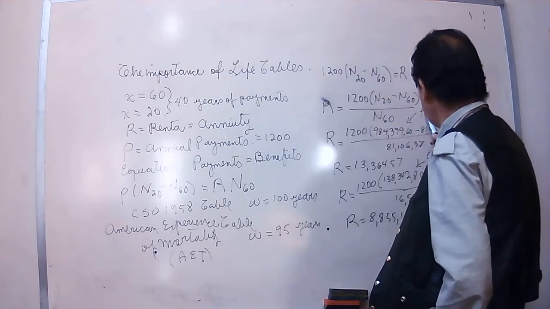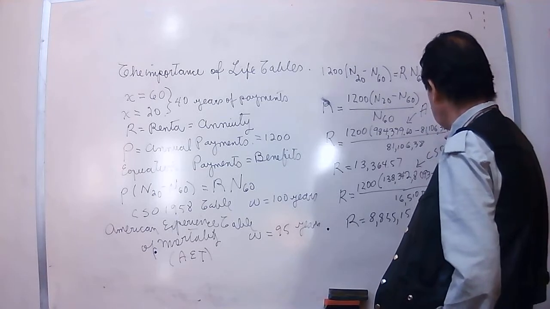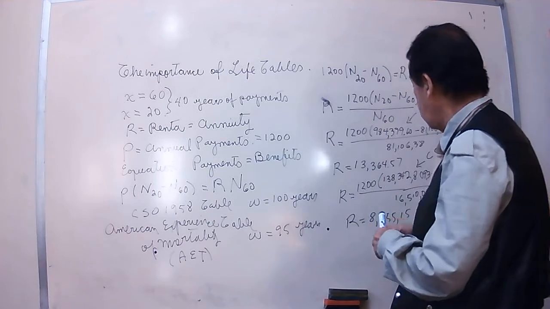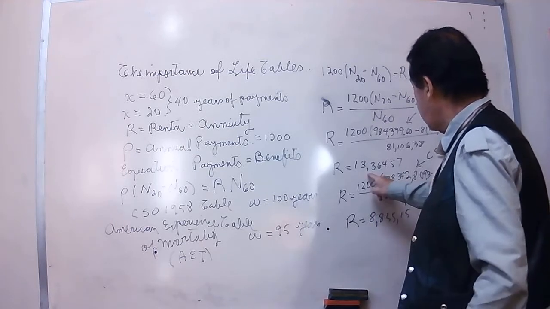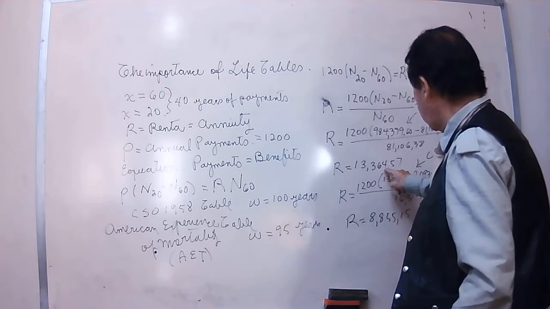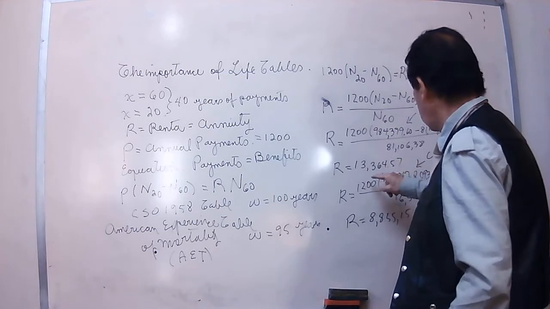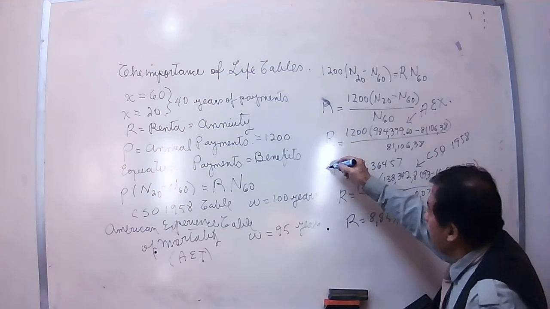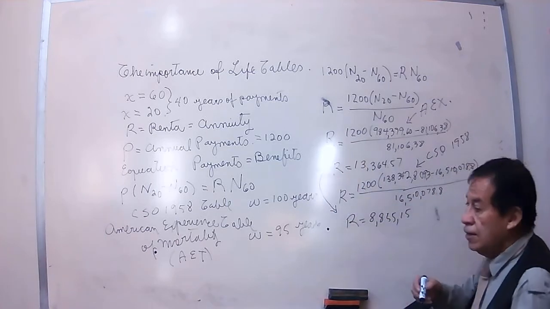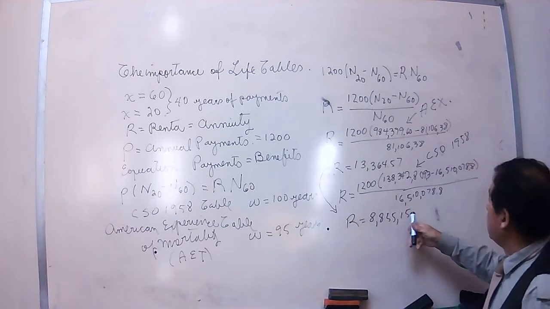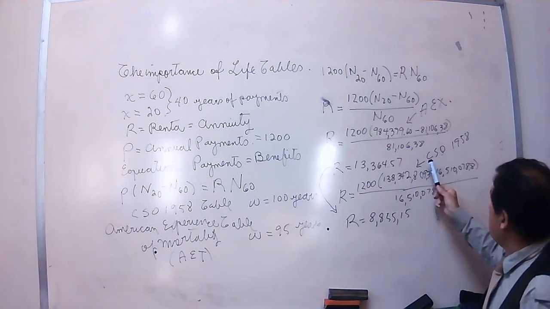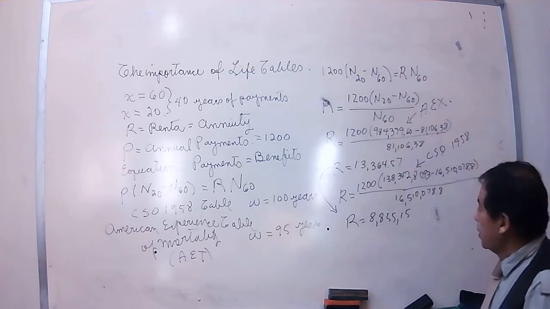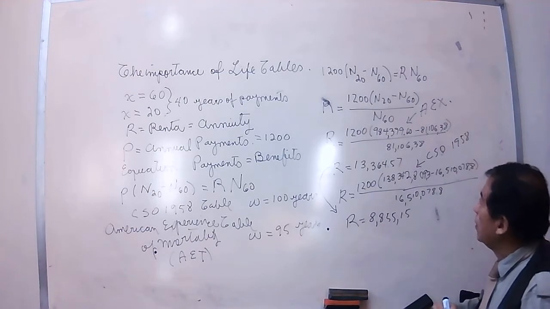If we use the American Experience table, this guy is going to receive an annuity of 13,374.57 per year, which is larger than this other rent, which he is going to receive if he's using the CSO 1958 table.